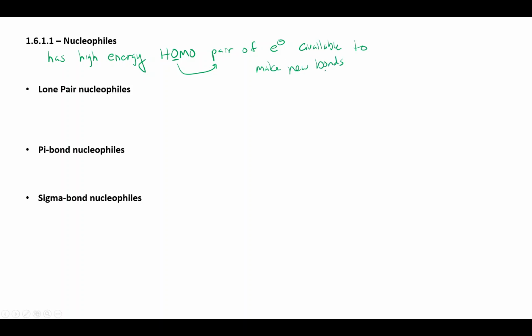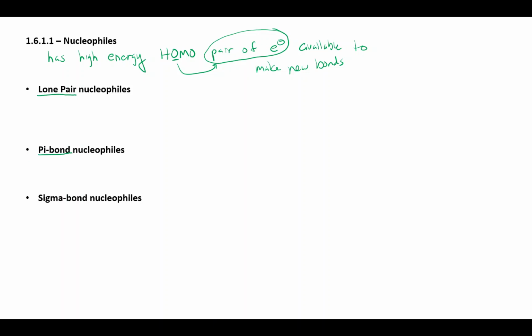Right? There are basically three types of nucleophiles that we're going to come across, right? Lone pair nucleophiles, pi bond nucleophiles, and sigma bond nucleophiles. The pair of electrons that we're identifying here, right? What is the highest occupied molecular orbital in a molecule? That highest occupied molecular orbital could be a non-bonding orbital, in which case it's a lone pair.